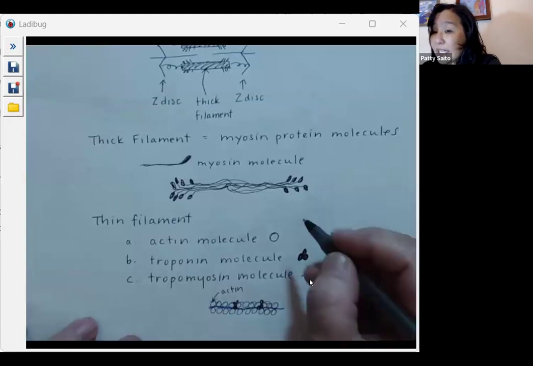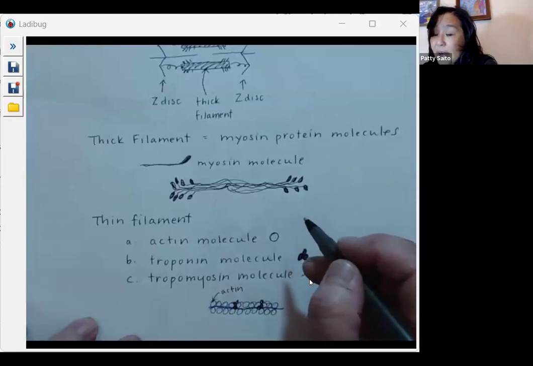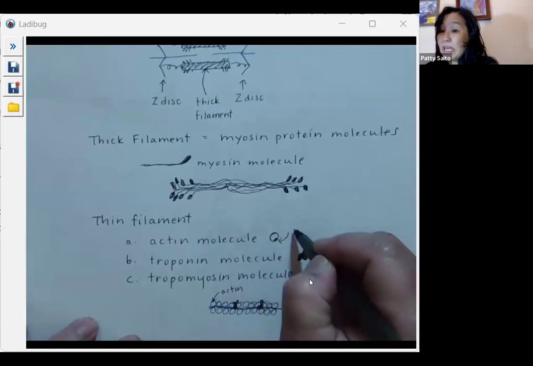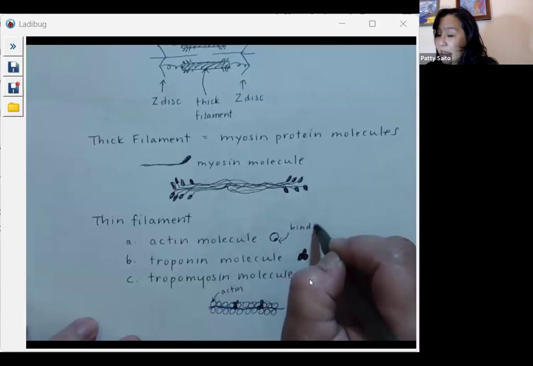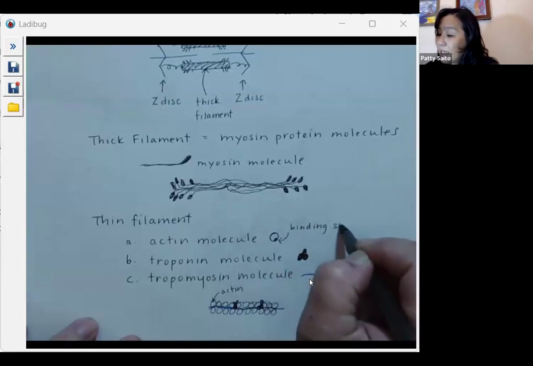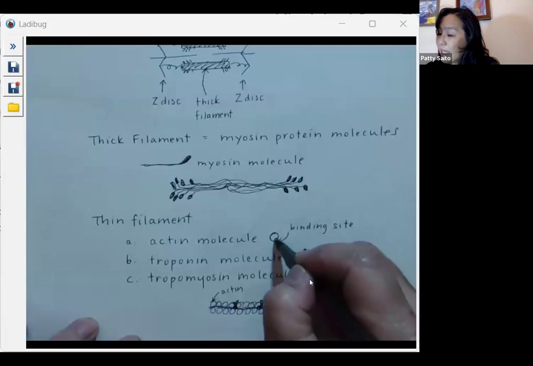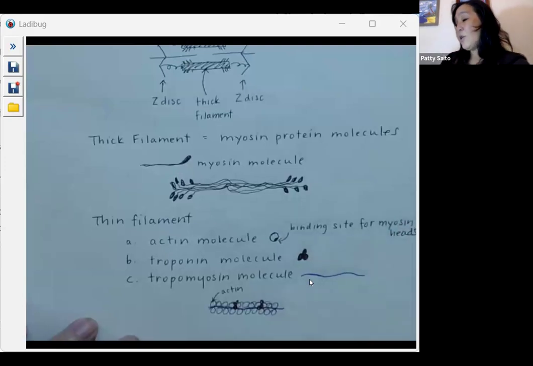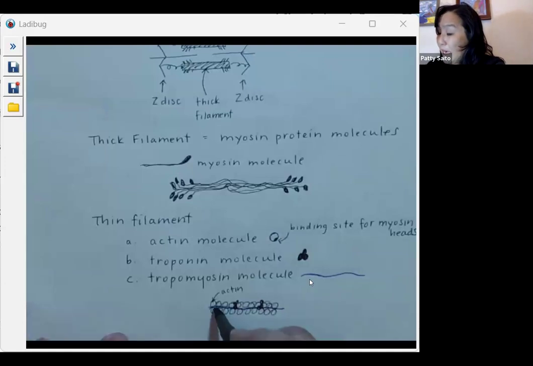Now, in the actin, there is an area that is a site for binding of the myosin heads. So I'm going to call this a binding site, this little area for myosin heads. And so when muscle contraction is not happening, the binding sites are covered by the tropomyosin, like that.